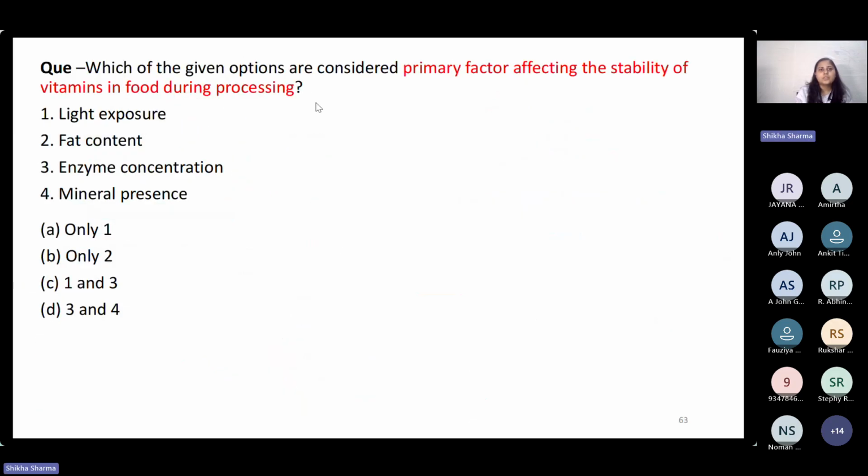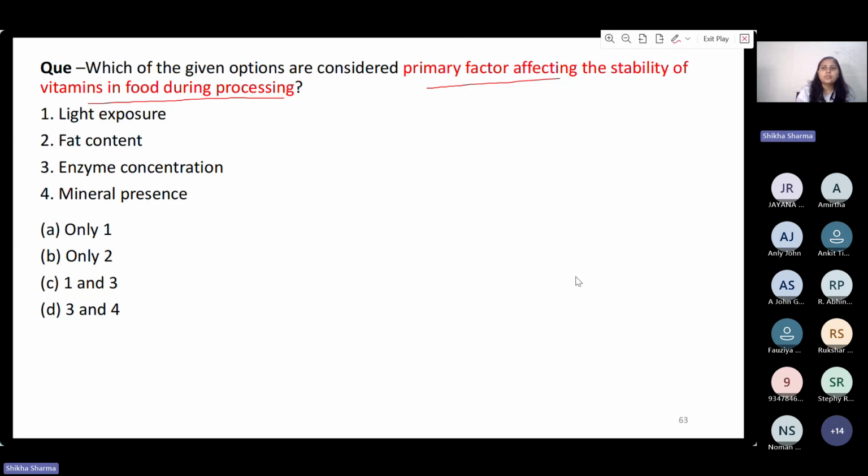So next is which of the given options are considered primary factors affecting the stability of vitamins in food during processing: light exposure, fat content, enzyme concentration, and mineral presence.